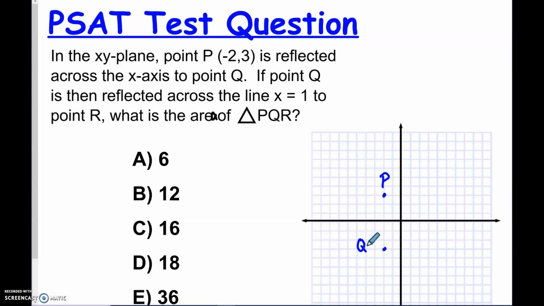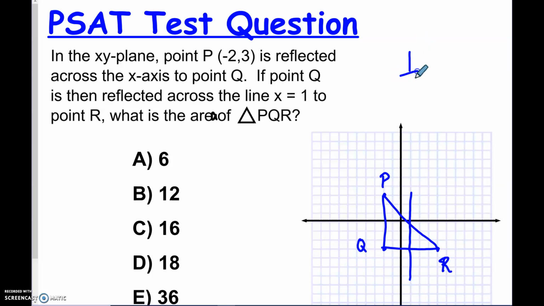Now Q is going to get reflected across x equals 1. So here is my x equals 1, and I have to reflect it across that. 1, 2, 3, 1, 2, 3. Okay, so this is where my R is going to be. So now they want to know what the area of this triangle is.